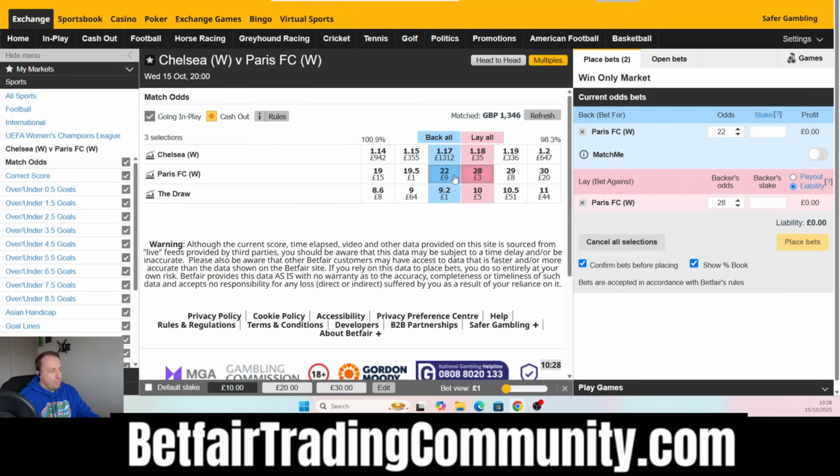So let's say they score early, and Chelsea are still expected to come back and people still don't think they're going to win. Their odds might go to, say, 7.0, maybe 8.0, in reality. But if there's a 6-point gap, let's imagine the actual odds you're able to lay at are 14 instead.